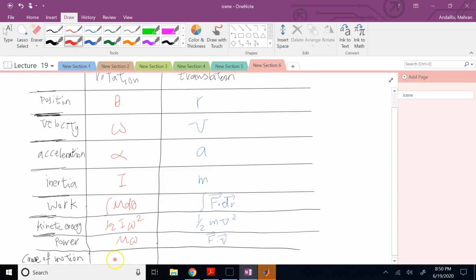Where the cause of motion here is a moment, while here the cause of motion is what? A force.